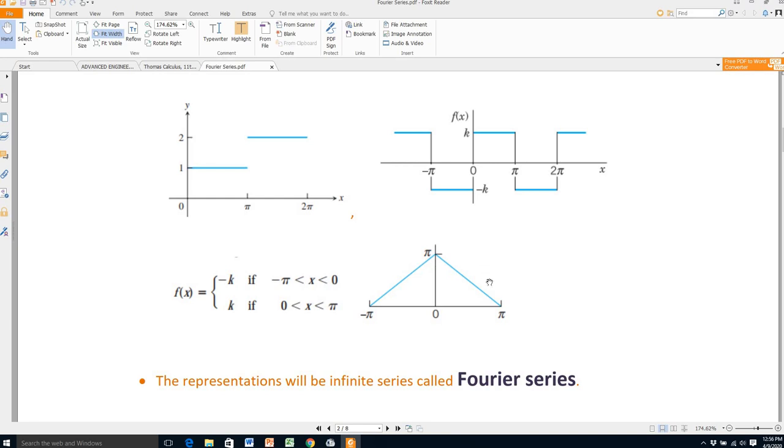Here is another example. As you see here, these are represented by some lines, 0 to minus pi or 0 to pi. Such types of functions you see in the half wave rectifier in your electronics and some other functions.